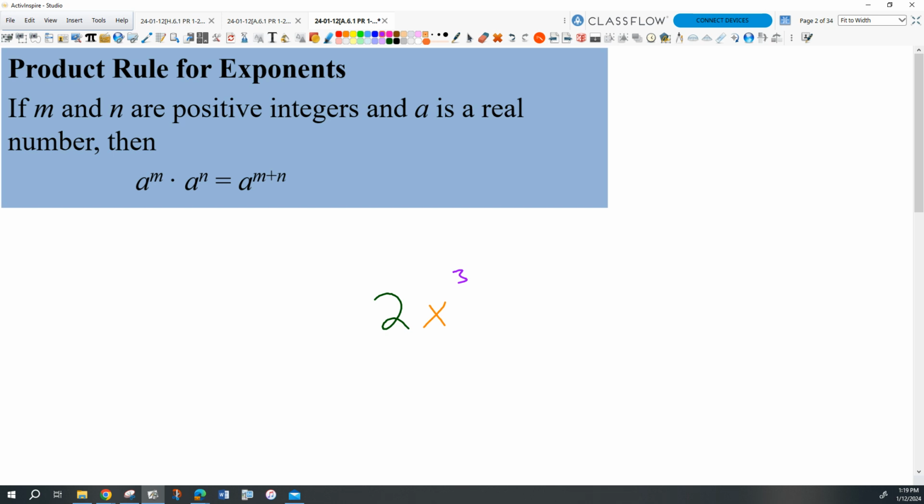If we look at just this whole part right here, this whole thing taken together, x cubed, is called a power. You guys have seen that before, right? What are the two parts of a power? What do I call this part up here? Exponent. That's the exponent.